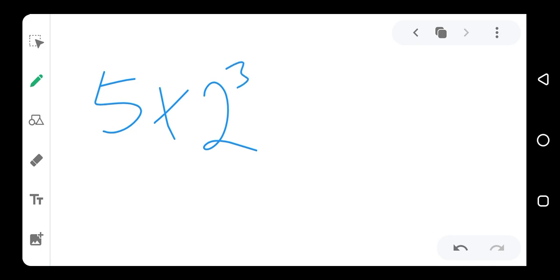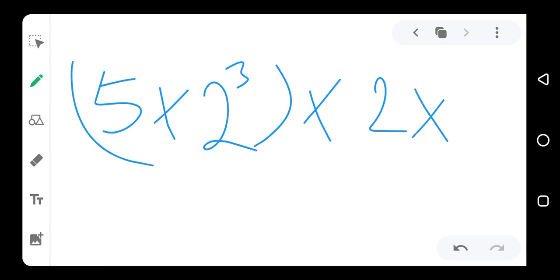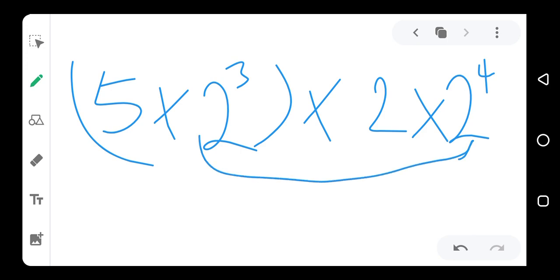To multiply, you can have 5 times 2 raised to power 3 times 2 times 2 raised to power 4. Now this is not 10, this is 2. So we can add the powers together since the base here is the same as this base. This is the coefficient, this is the coefficient, this is the base.